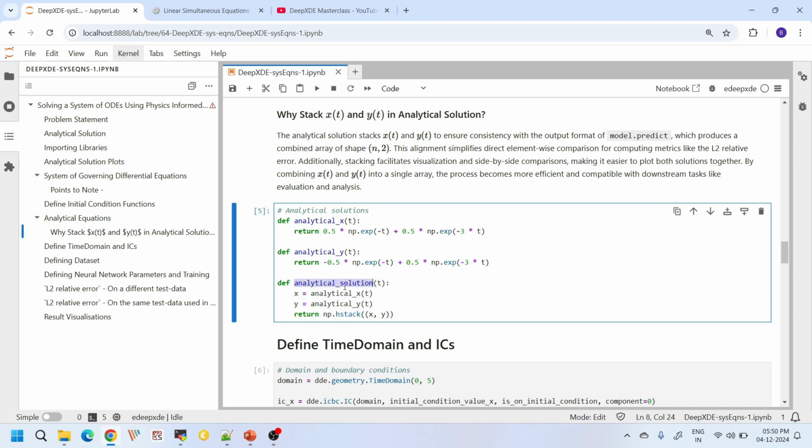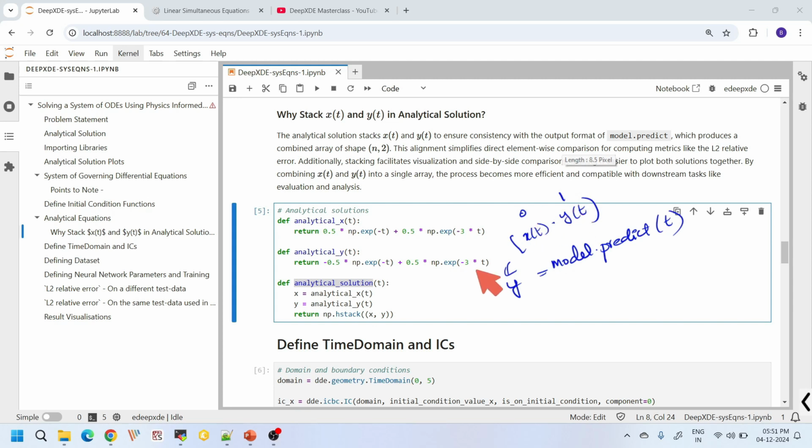Why we are doing this is to ensure compatibility with model.predict. When we issue model.predict with a time, it returns an output feature y, and this y contains two values, x of t and y of t. The first variable represents x of t and the second variable represents y of t.